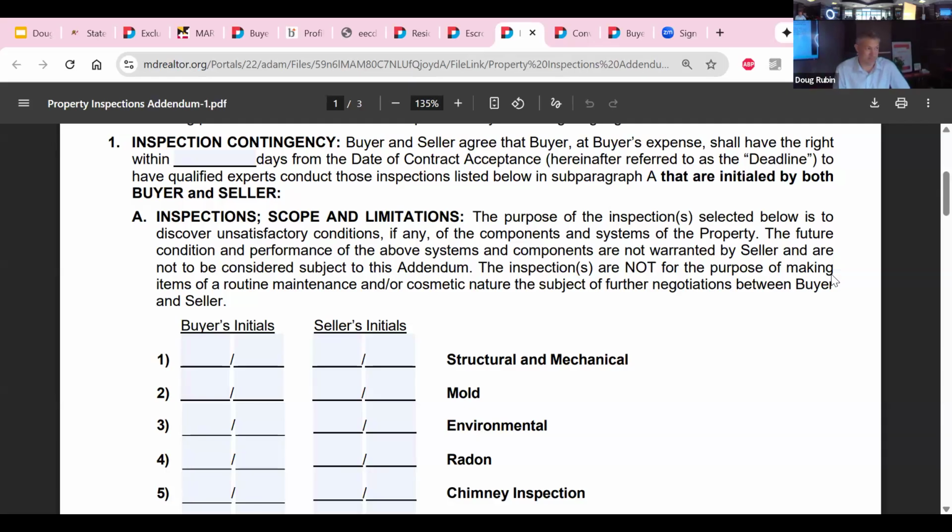Now, what if the buyer says they found lead, they are backing out, and they don't give you the report? What do you do? Okay, so the question was, if the buyer just says out loud, we found lead, we don't want the house anymore, but they didn't provide the report.